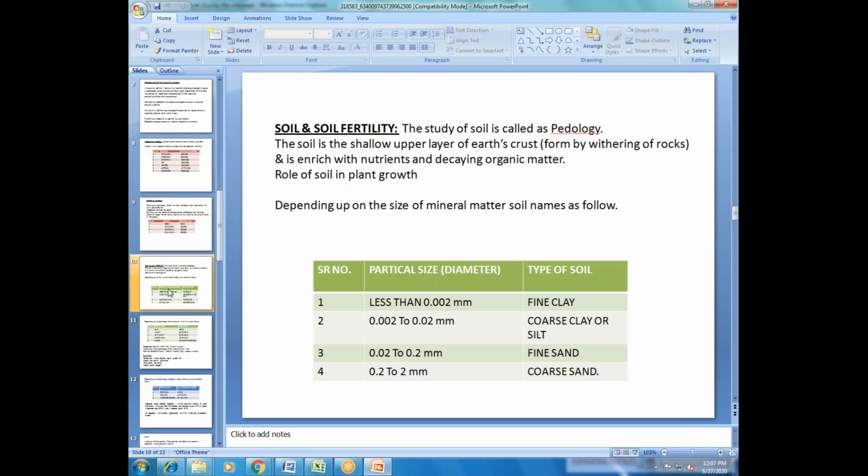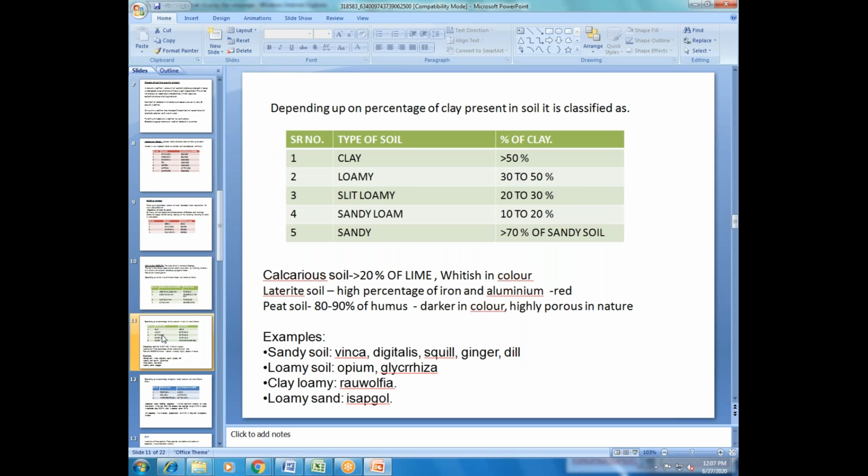Next, this depends on the size of the matter present. Here you can see it depends on the percentage of clay present in the soil, meaning the fine powder I mentioned. Based on that, it is clay, loamy, silt loamy, sandy loamy, and sandy.